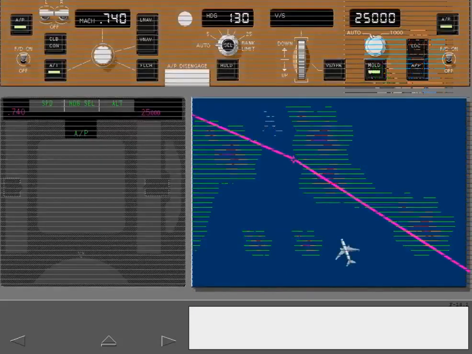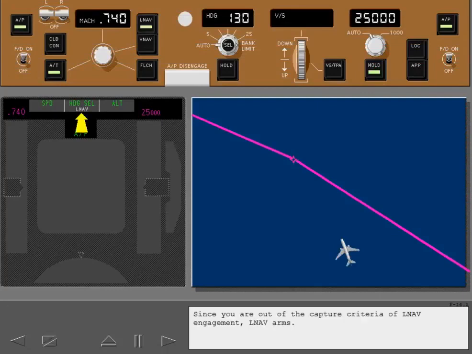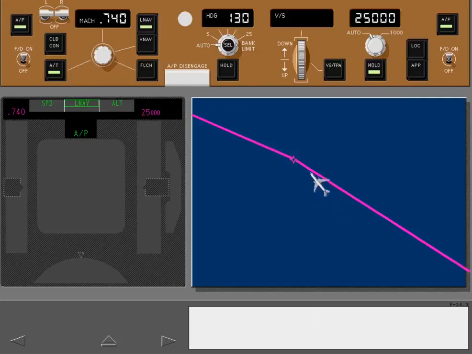You are cleared to intercept and fly your planned route. Push the LNAV switch. Since you are out of the capture criteria of LNAV engagement, LNAV arms. Approaching the LNAV route, LNAV engages and turns on to the planned route.